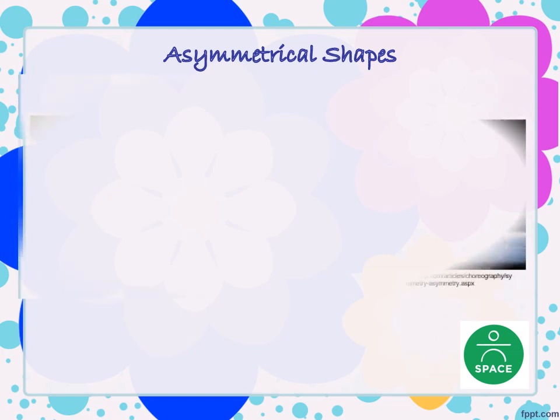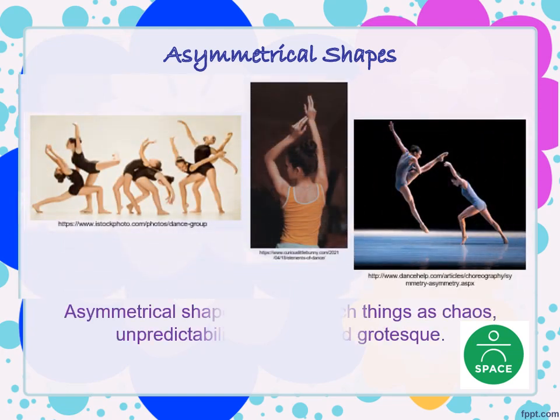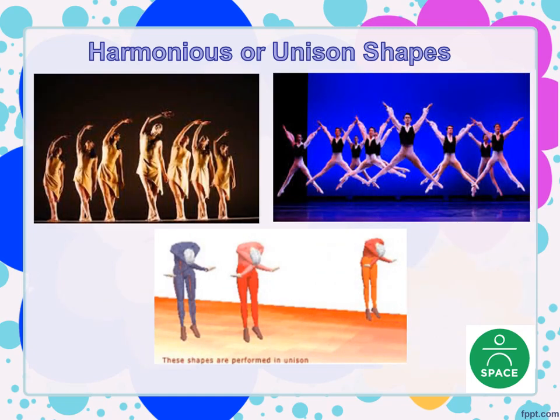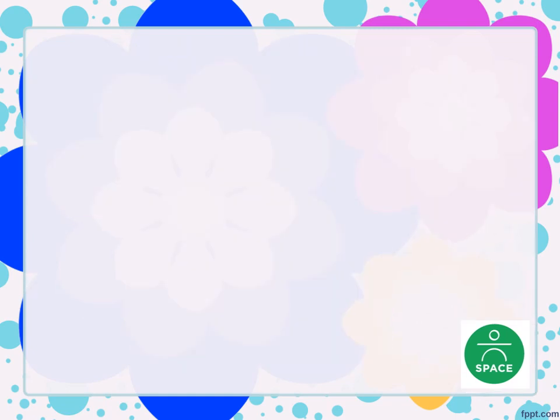Asymmetrical shapes. Asymmetrical shapes express such things as chaos, unpredictability, contrast, and grotesque. Harmonious or unison shapes. Contrasting shapes.